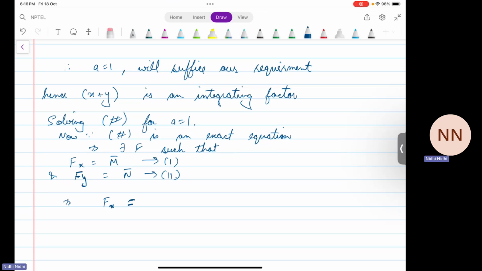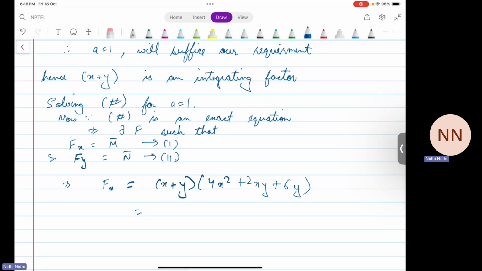So this is basically x plus 1, x plus y times 4x squared plus 2xy plus 6y, which, just simplifying it, you will get 4x cubed plus 2x square y plus 6xy plus 4x square y plus 2xy square plus 6y square.